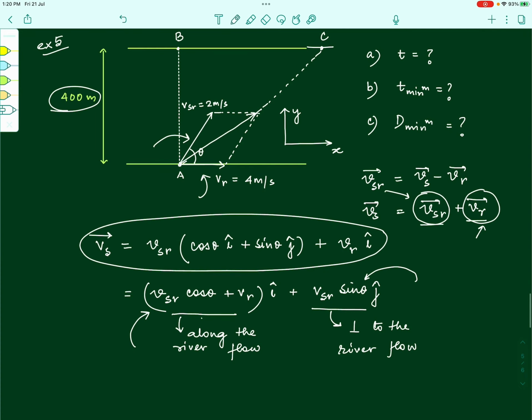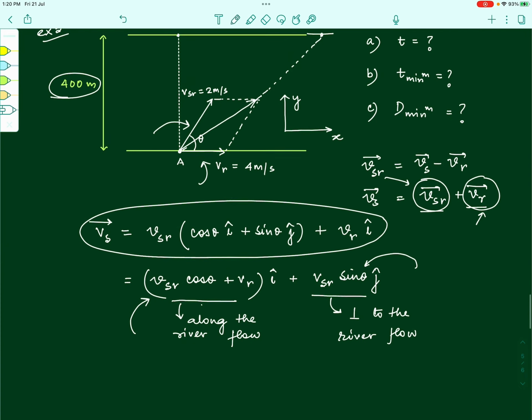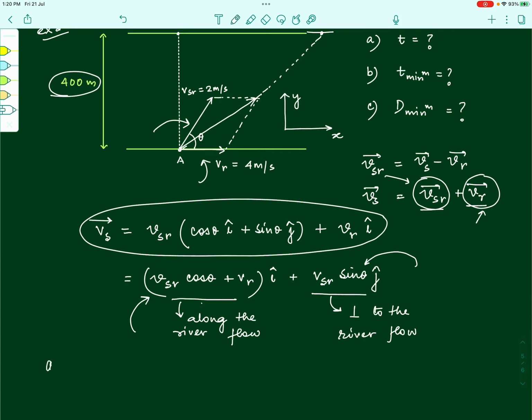So, now once we have understood all this, we can look at the questions to be solved. The first part of the question is to find the time taken to cross the river. Can we say the time taken will be the width of the river that has to be crossed divided by the speed across the flow, isn't it? Which is this component of the speed, the one that helps it cross the river. So, it will be VSR sin theta.